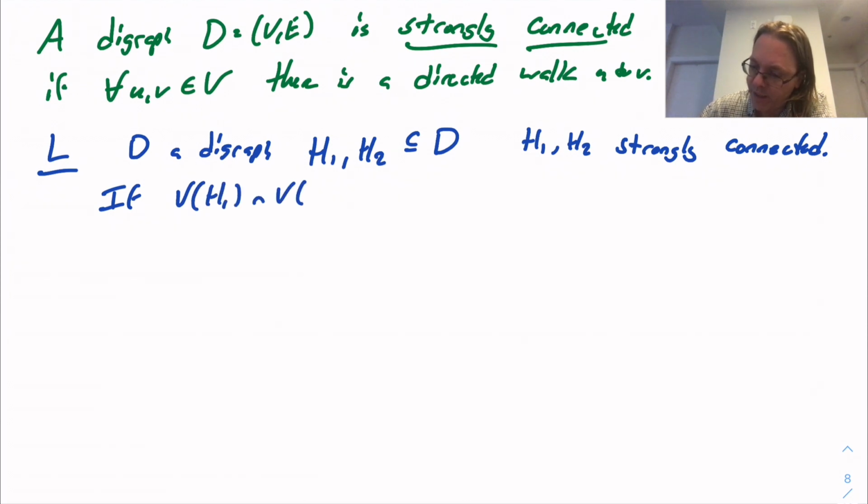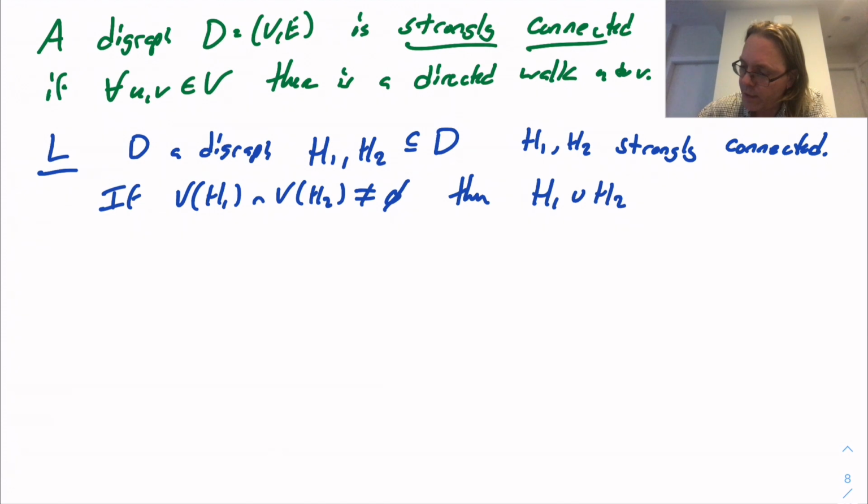Or maybe what I'll say is, if they share a vertex in common, then H1 union H2 is strongly connected. Okay.